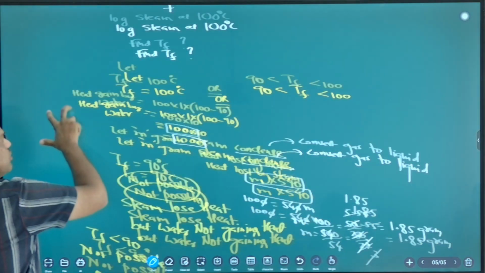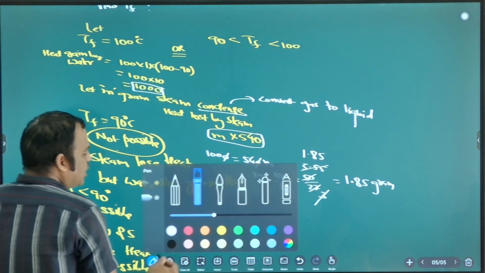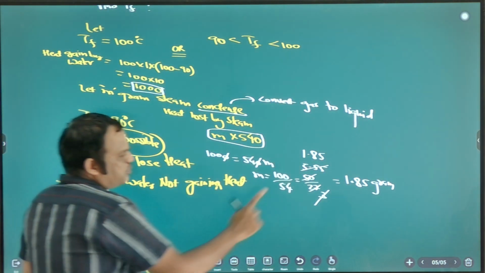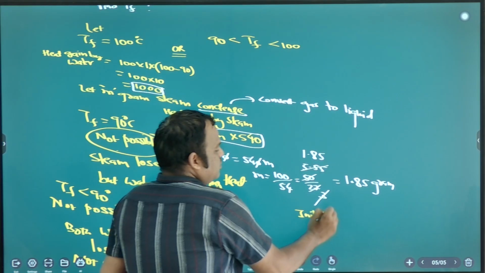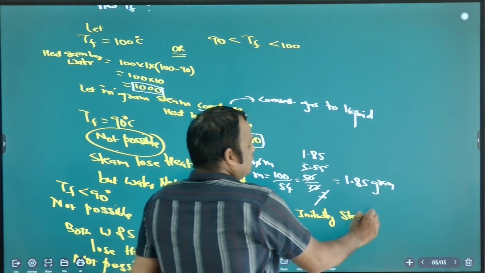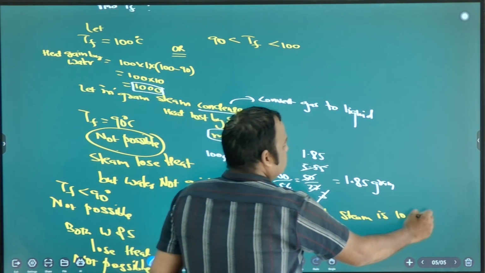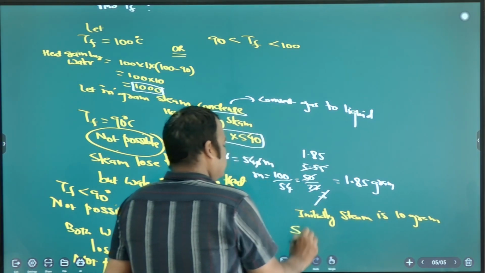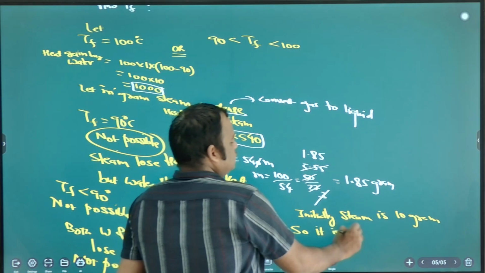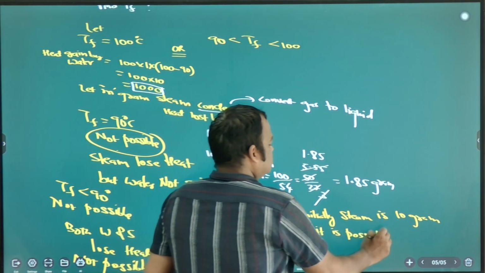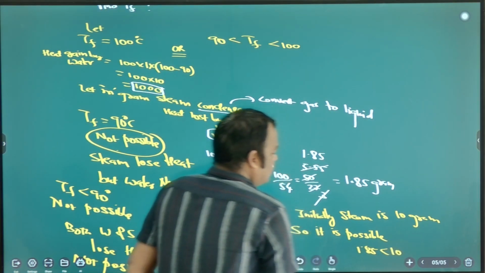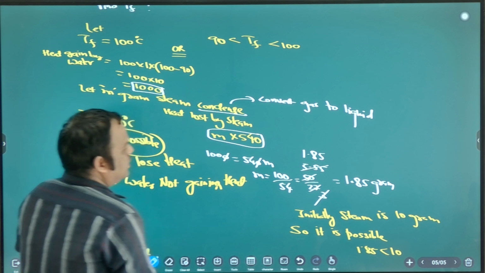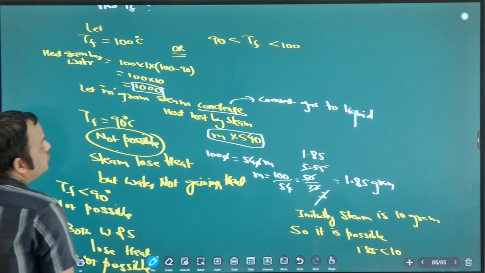So out of 10 gram, it is possible. 1.85 is less than 10. Okay.